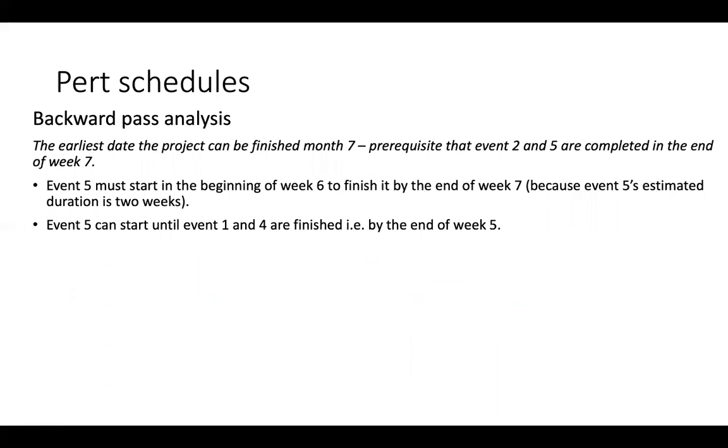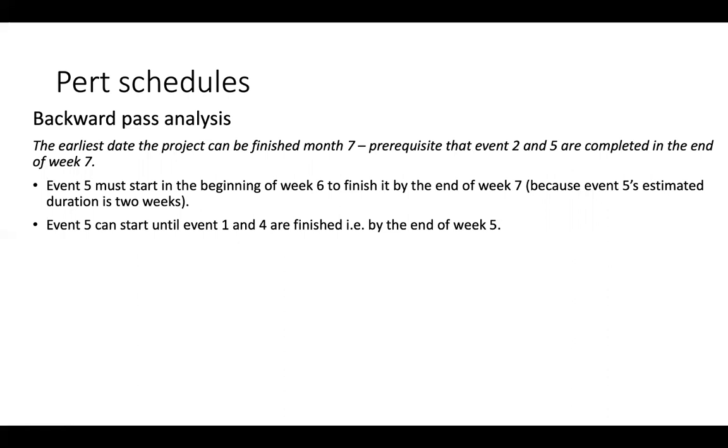Using the same approach, but taking the customer perspective into account, reveals the backward path of this project, which shows that event 5 must start in the beginning of week 6 in order to finish by the end of week 7.